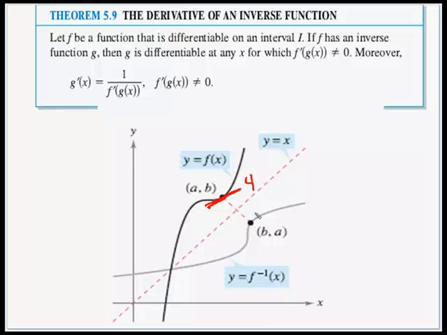The slope at this reciprocal point, this inverse point here, would be the reciprocal of this. This is 4 over 1. This slope would be 1/4. The slope at those reflected points are just inverses of each other. That's all this Theorem 5.9 is saying. If I had the slope here at this point, and I wanted the slope here on the derivative, I would just take its inverse. I would flip it over.